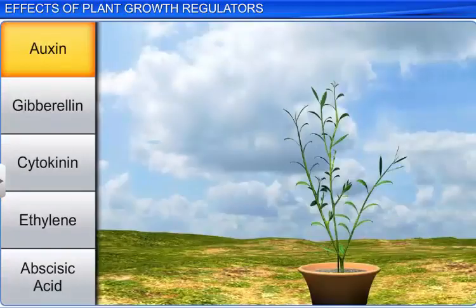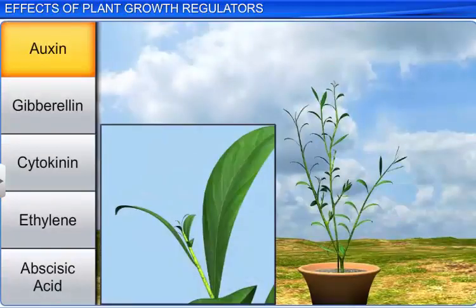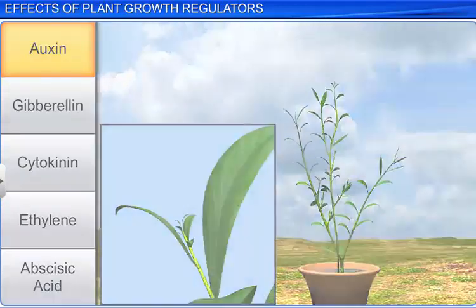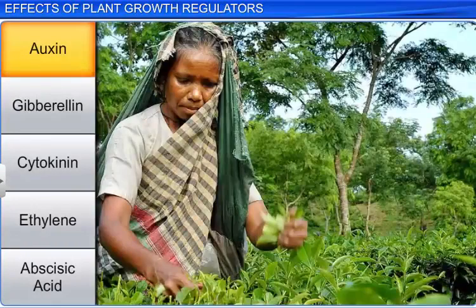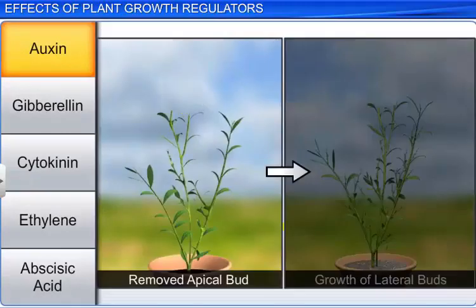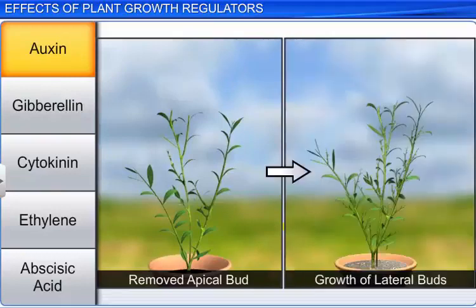They exhibit apical dominance in higher plants, that is, they inhibit the growth of lateral buds. This is why the shoot tips of tea plants are cut or decapitated to initiate the growth of lateral buds.